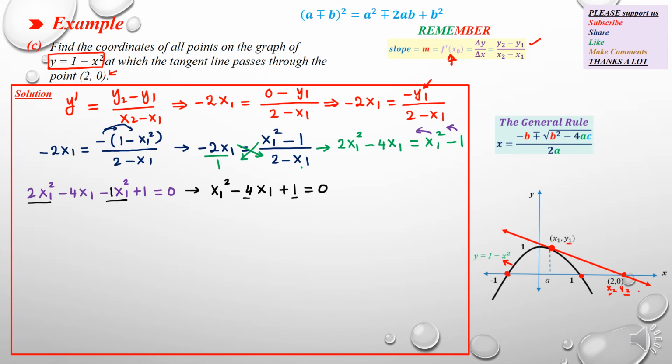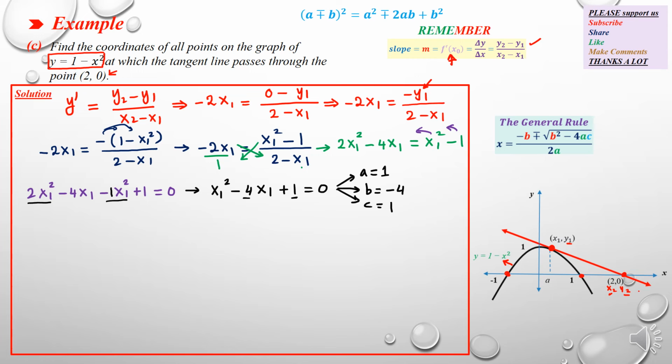So first you have to determine what is a, what is b, and what is c. A is the coefficient of x squared, which is 1. B is the coefficient of x, which is -4, and c is 1.